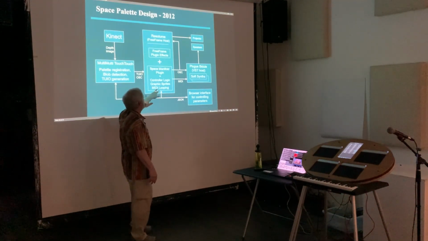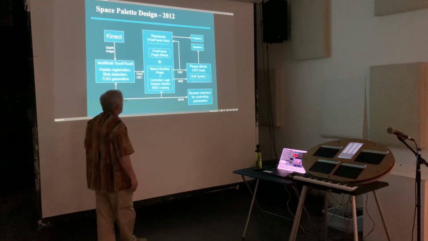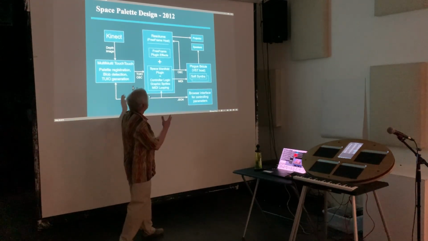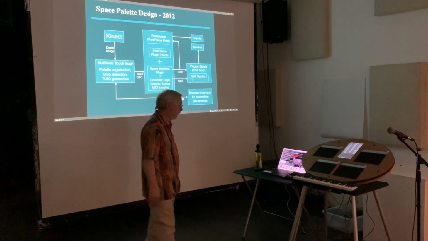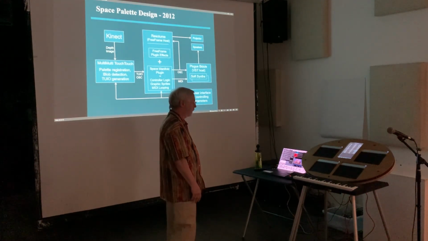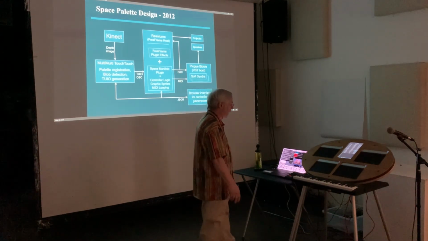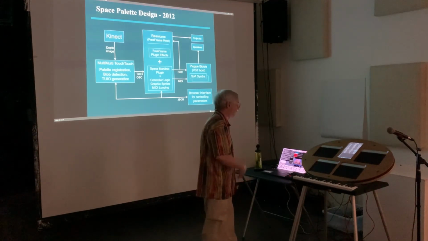Somewhat strangely, I used a visual plugin to generate MIDI as well. And that is a browser interface. I'm a software developer by profession, so I enjoy the process and exploration of developing software.